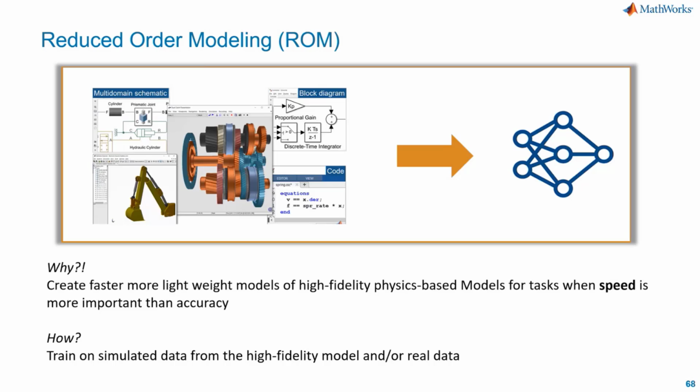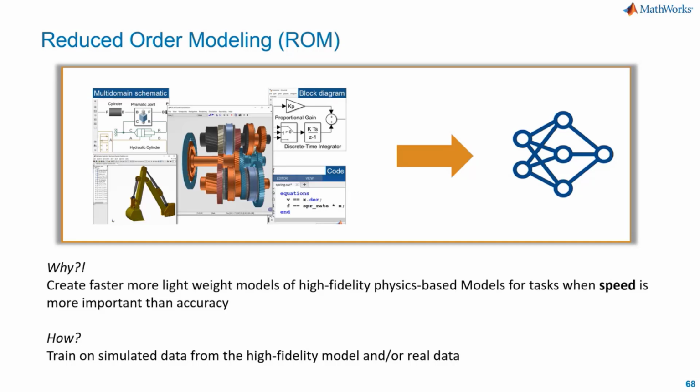Another way to resolve this issue is reduced order modeling. You can collect the data from the simulation model, or from real-world data, and then create a proper machine learning model or deep learning model, a deep neural network.